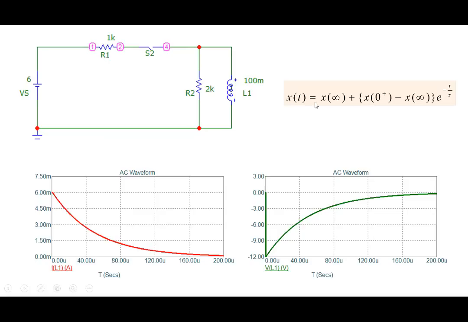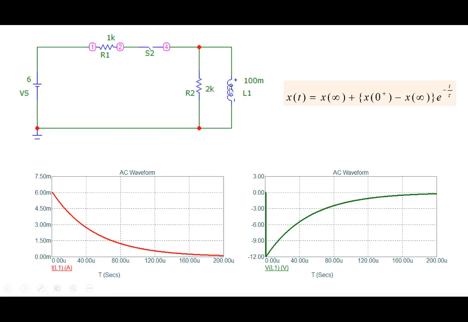So if we were to write this expression in terms of voltage, we could not have written VL(0 plus) must be equal to VL(0 minus). That would have been wrong. That we can only say about the current through the inductor. We cannot say it about anything else in the circuit. Anything else could change instantaneously. The current across the resistor could change instantaneously.